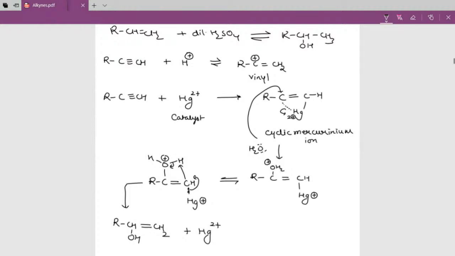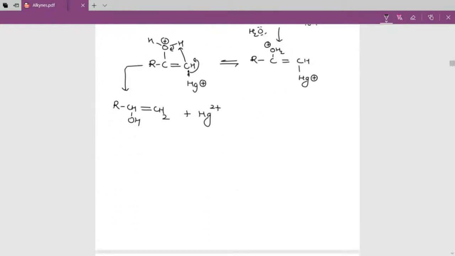Hg2 plus is liberated. In demercuration, we reduce it to Hg. Here it is a catalyst. It is liberated as such.